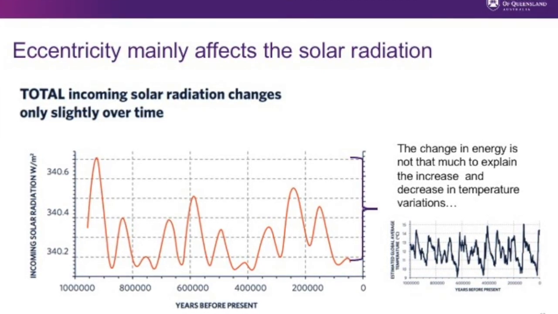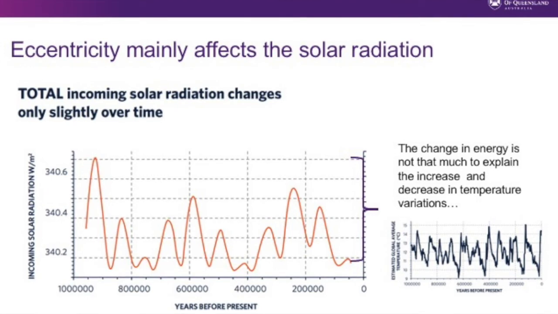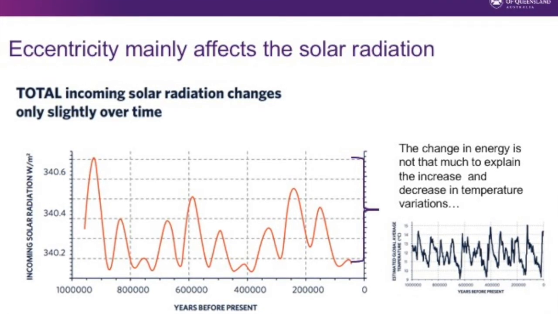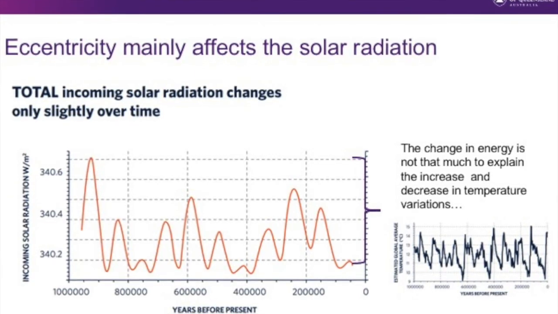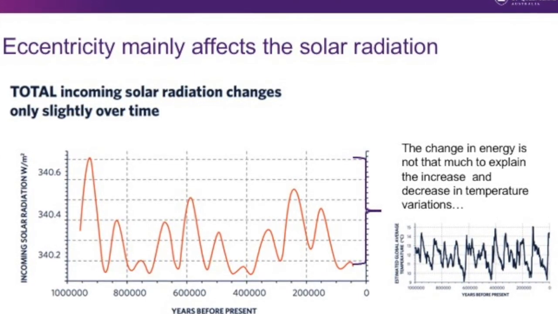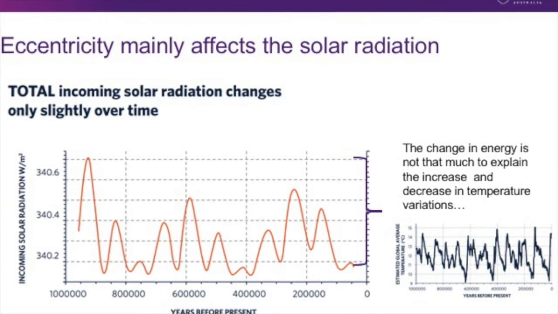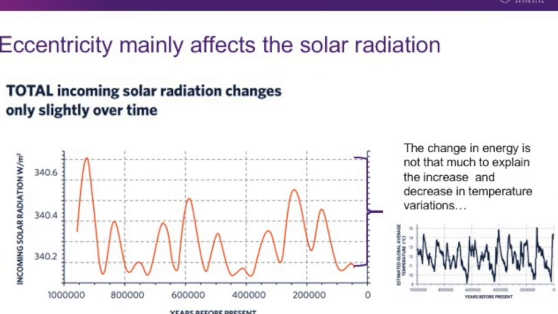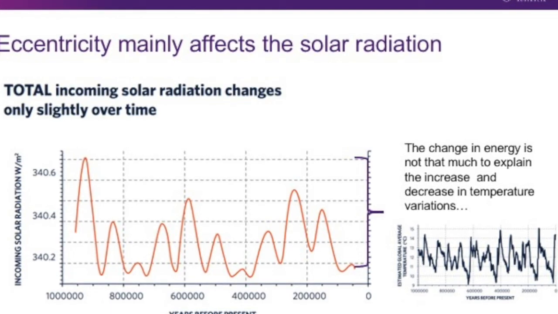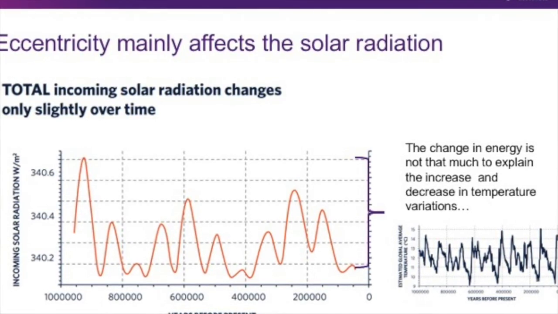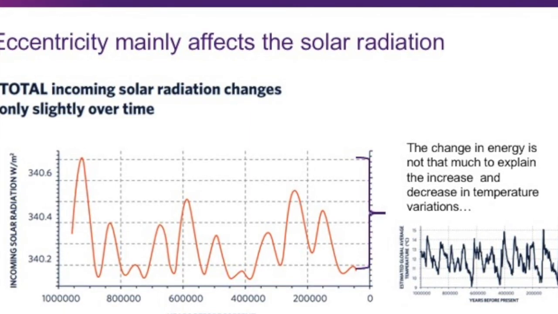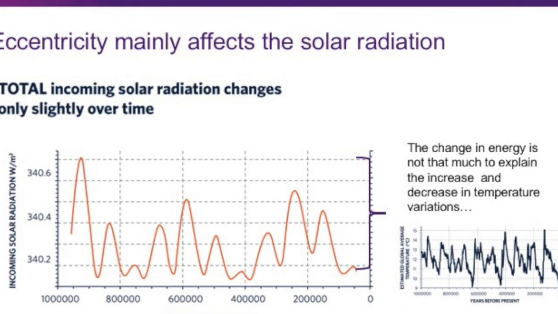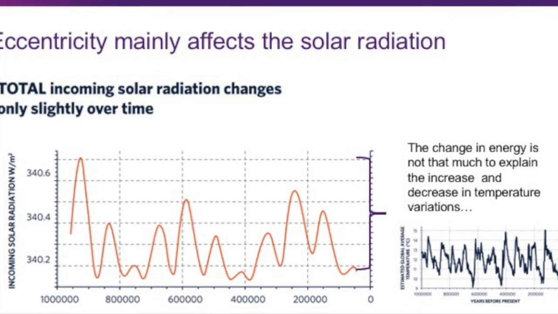So this range of variation cannot explain the increase and decrease in temperature, because if we convert this incoming solar radiation to a change in temperature, it will be very, very small. Let's keep in mind that changes in global temperature from the records that we have up to the present have varied no more than plus or minus 5 to 6 degrees, right?